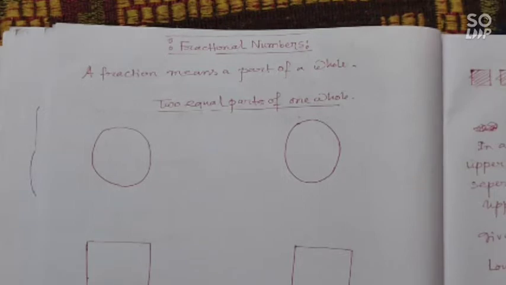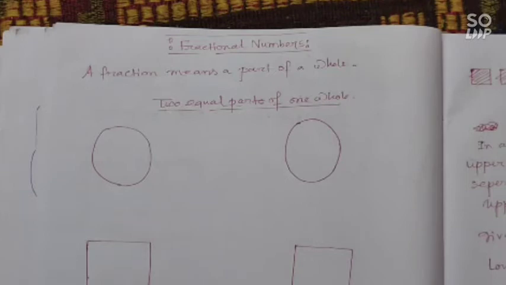Okay. So what are called fractions? A fraction means a part of a whole. Whole means a complete object, and a fraction represents a part of it. A fractional number represents a part of a whole object.